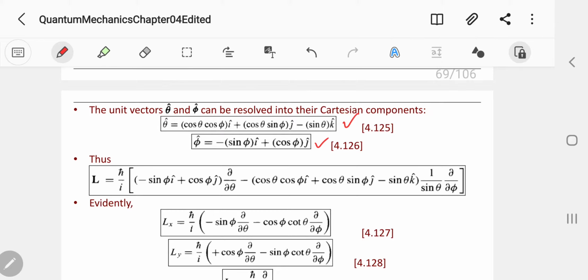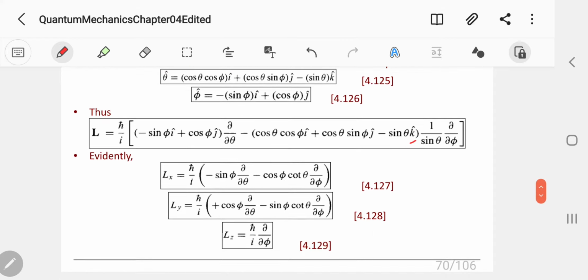The Lx would just be this if you factor out all the i here, and if you factor all the j here, you will get this. And then if you factor all the k, you will get this.